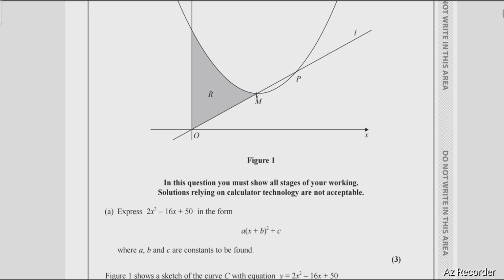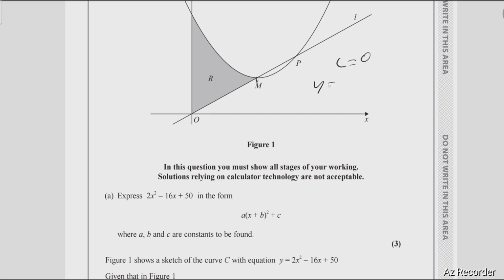Clearly L passes through the origin, so it has no y-intercept. I would highly suggest that you take it as a note that any straight line that passes through the origin has no c, or c equals 0, since it intersects the x-axis and y-axis at 0. So it's just y equals mx for any straight line passing through the origin.